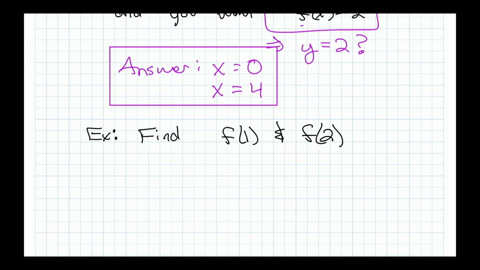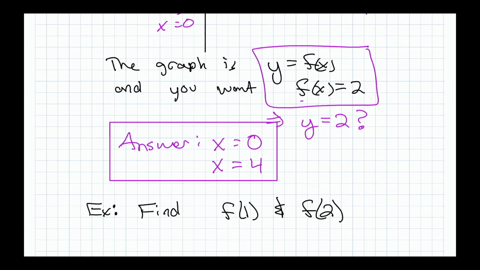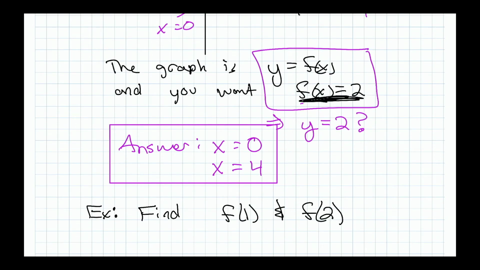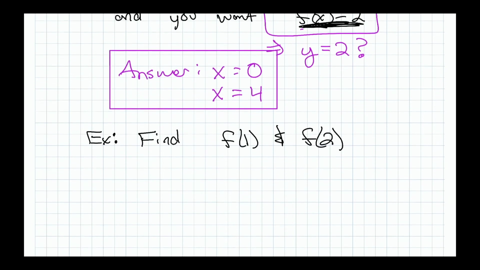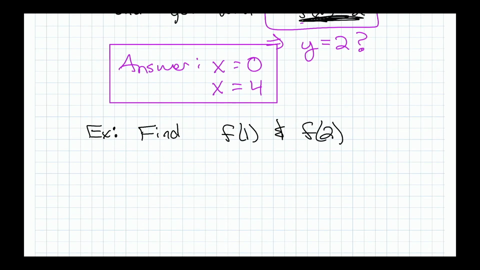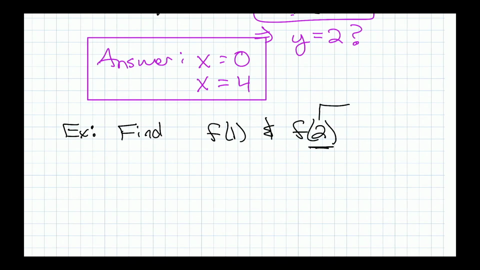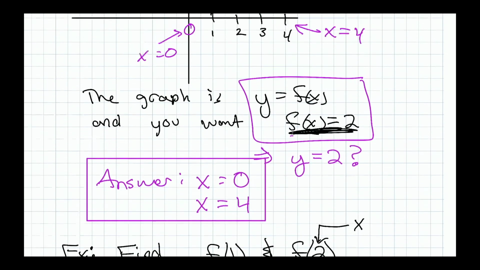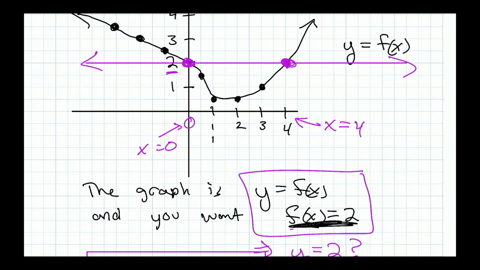If I say to find f of 1 and f of 2, then this is backwards from what we just did, right? Here I said f of x equals 2. Here I say f of 2. So that's a different thing. Here it's the x value that's 2. And here it's the x value that's 1. So how would you get f of 1? Well, again, it's the x value that's 1. So you come to the graph and say, well, here's where the x value is 1.